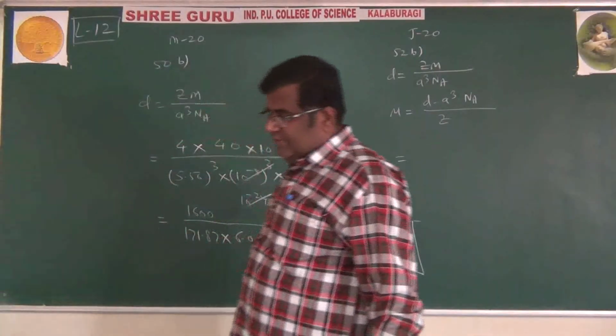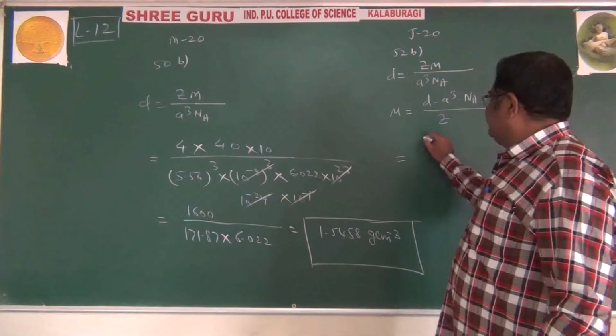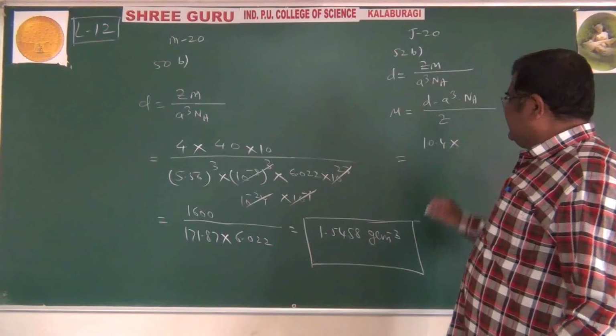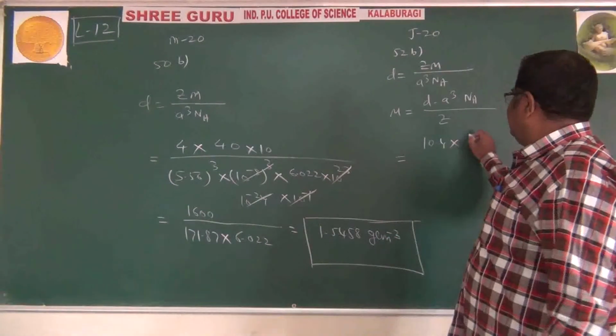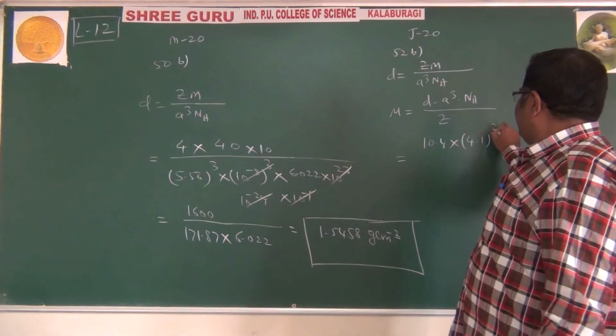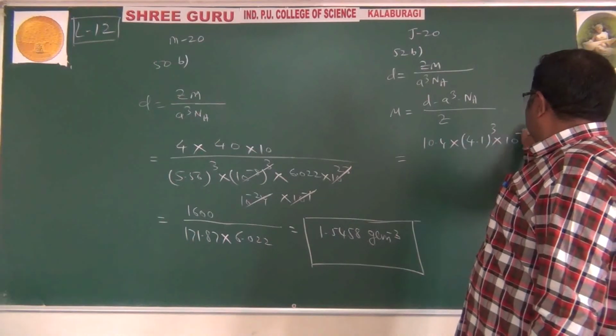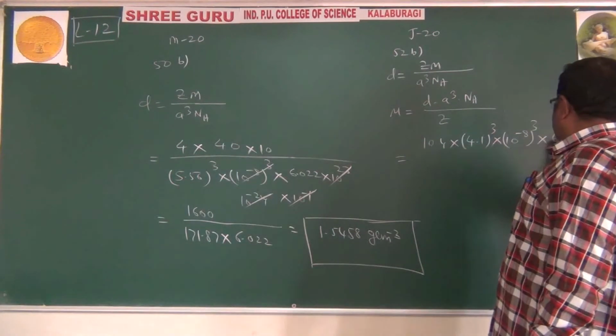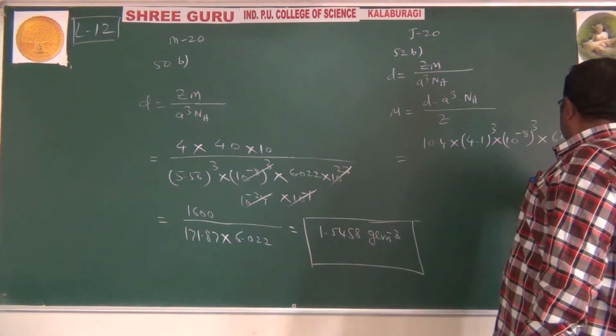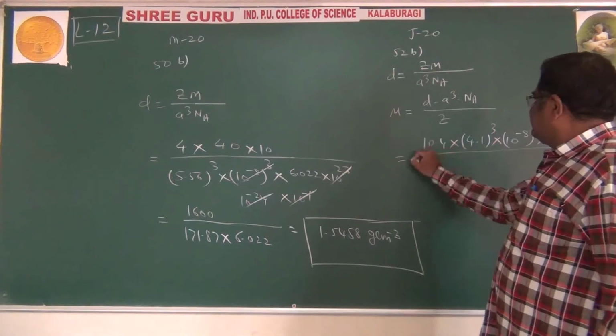10.4 is the density in gram per cubic centimeter, and A cube is 4.1 cube of that, 10 raised to minus 8 cube of that. Avogadro number is 6.022 into 10 raised to 23.